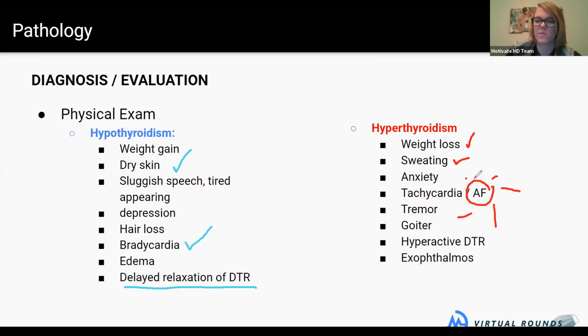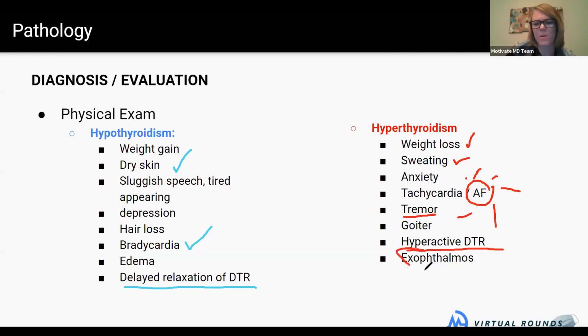It's starting to turn into a sun, I think, but pay attention to atrial fibrillation and pay attention to this tremor. The increased surge of thyroid hormone will cause the atrial fibrillation and cause the tremor as well. You just have this overactivity. And similarly, you'll see hyperactive deep tendon reflexes.